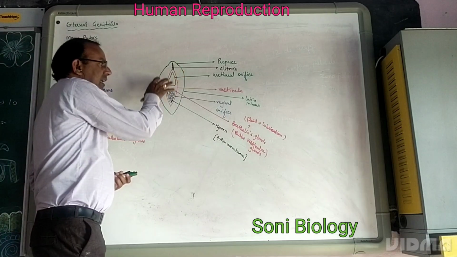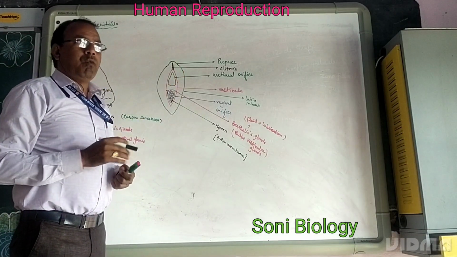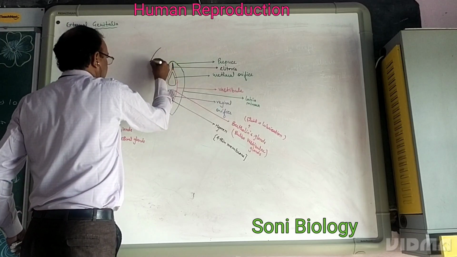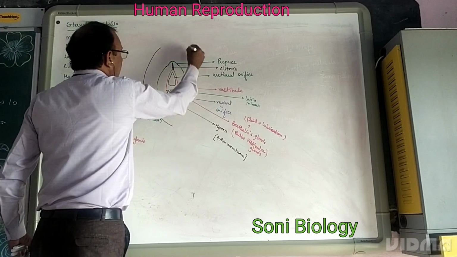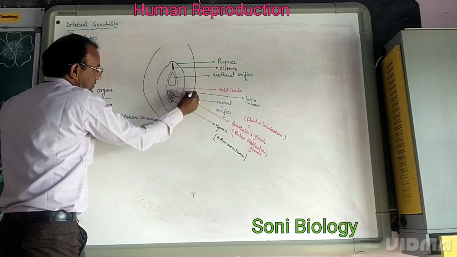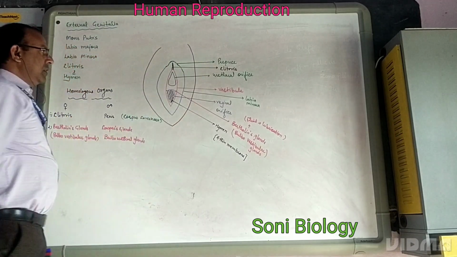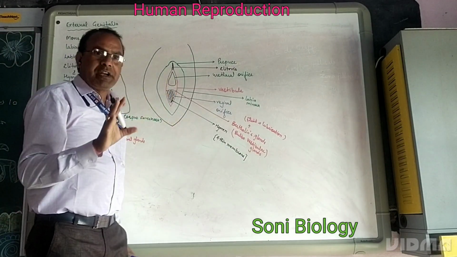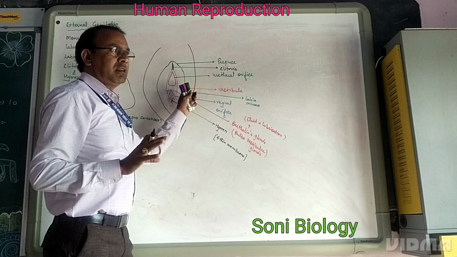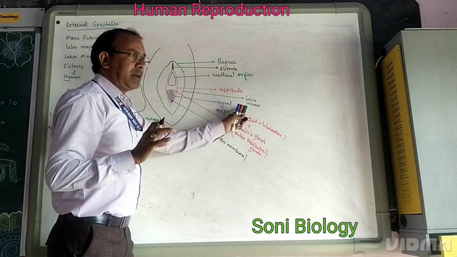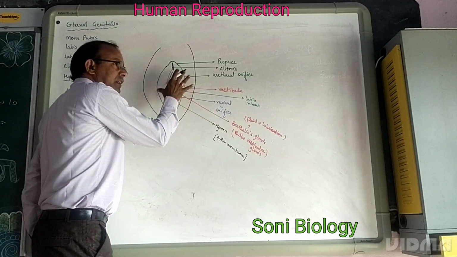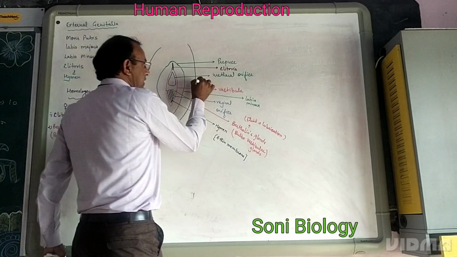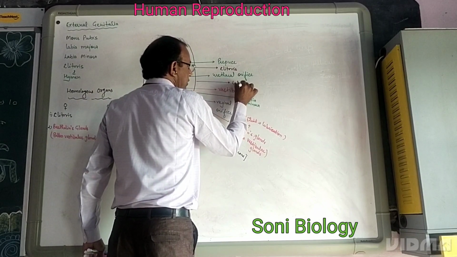Just outside the labia minora, another folded skin structure is present. Labia minora is covered with another soft folding skin structure which is known as labia majora.